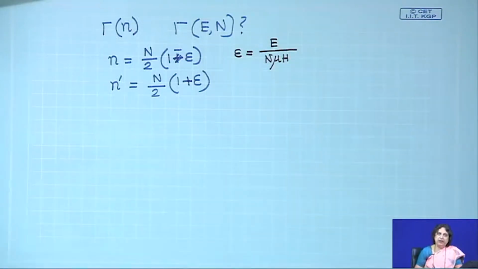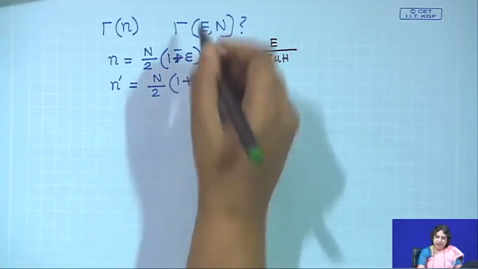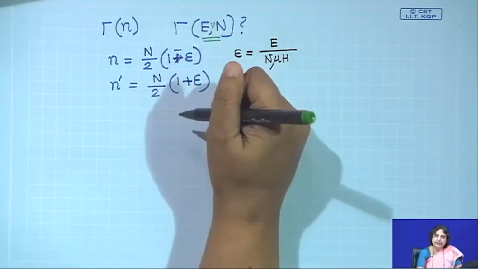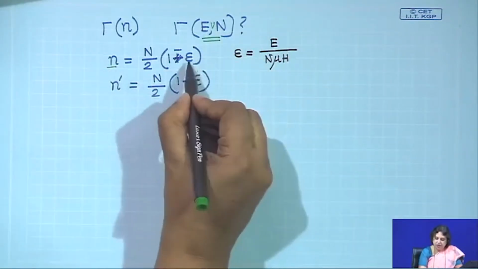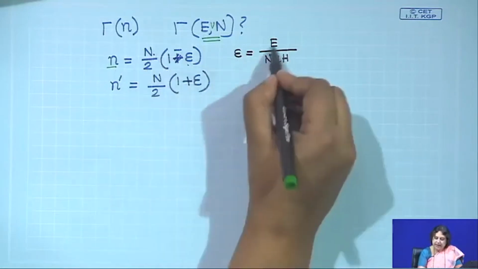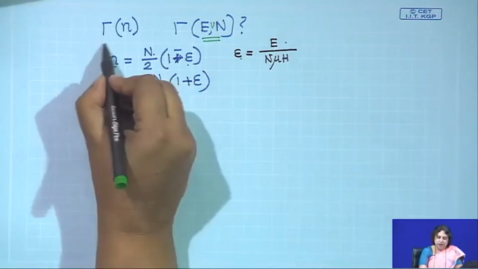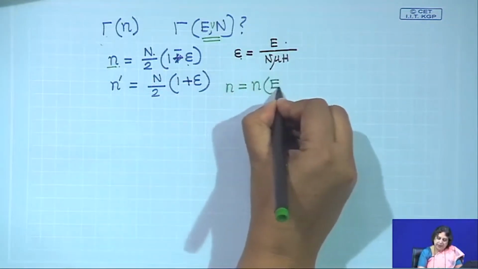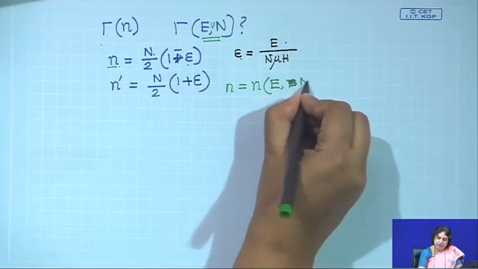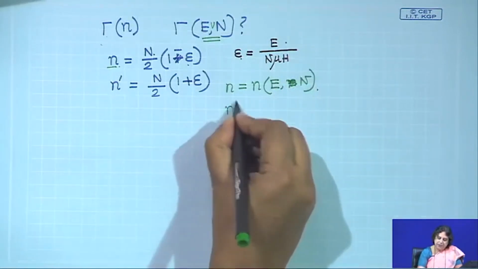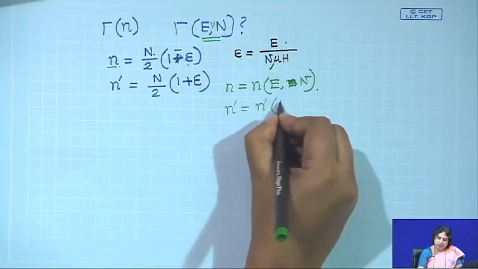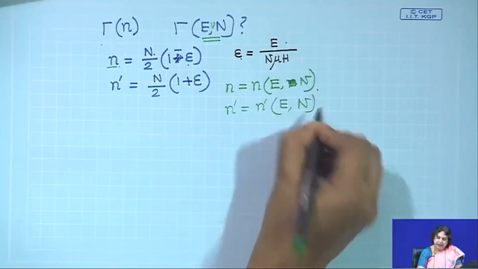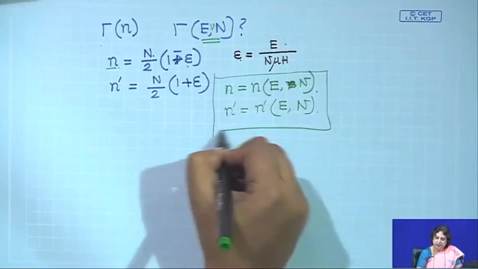So, as you can see, if I am representing the microstates in terms of either E, V or N, it is equivalent to say that n is a function of epsilon and N, and epsilon is a function of E. Therefore, n is a function of capital E and the total number of spins capital N, and n prime is similarly a function of E and N, and I am implicitly keeping the volume constant in which this system is present.